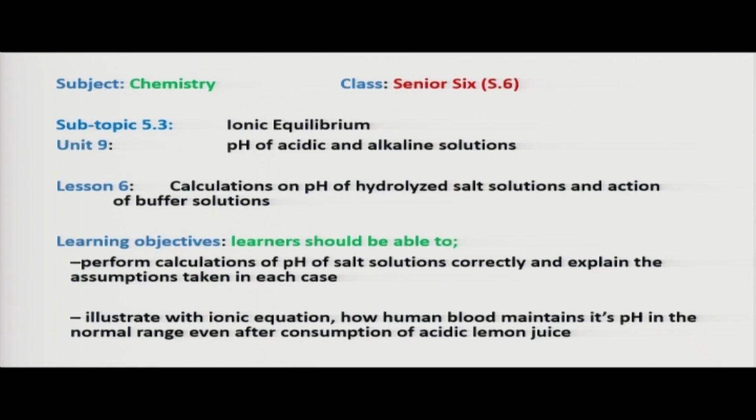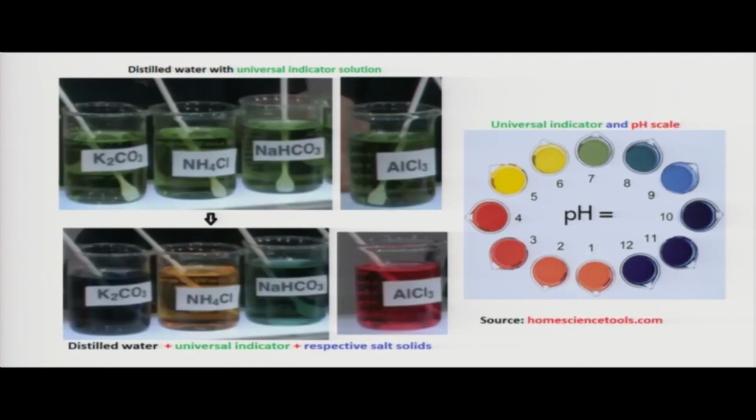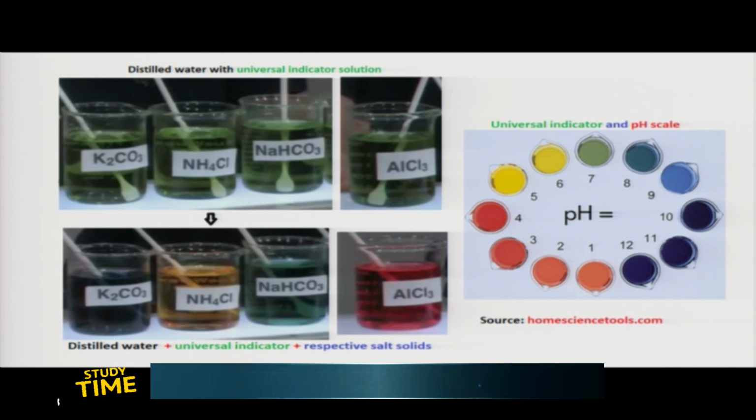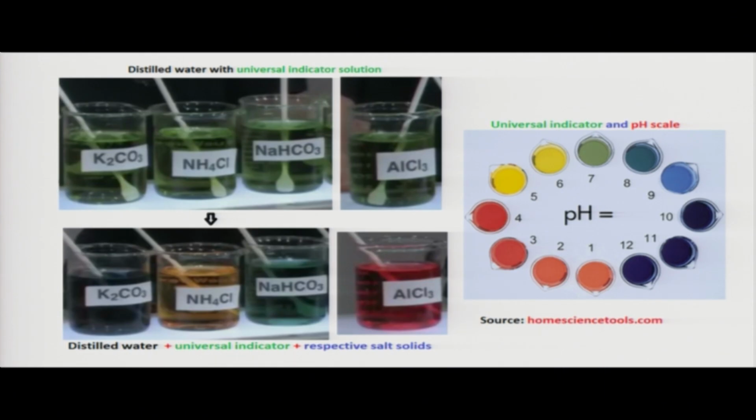So let's do a recap on what we looked at in the previous lesson. We were looking at the hydrolysis of salts, and we had a few examples: potassium carbonate, ammonium chloride, sodium hydrogen carbonate, and aluminum chloride, giving solutions with different pH.